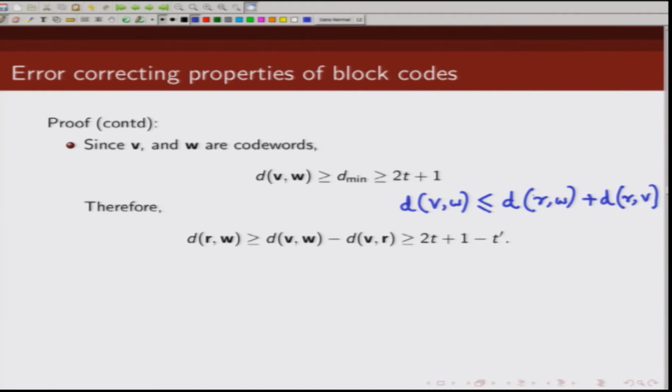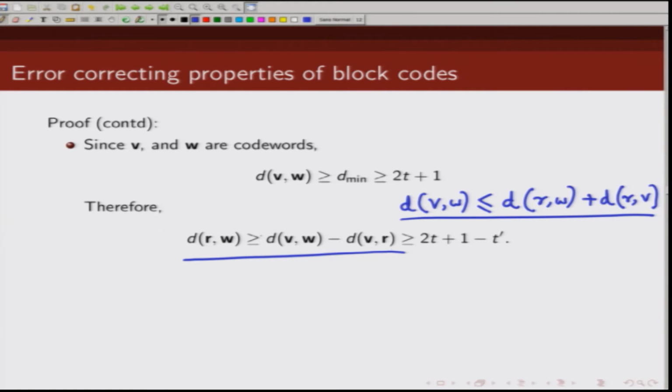We can bring this term here and write this relation in this particular form.